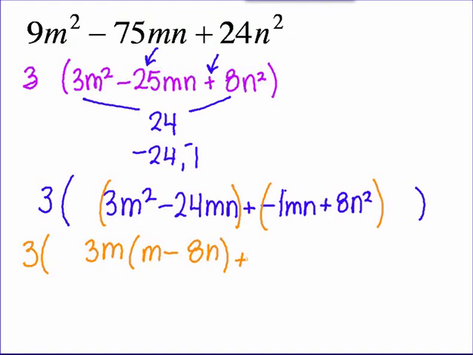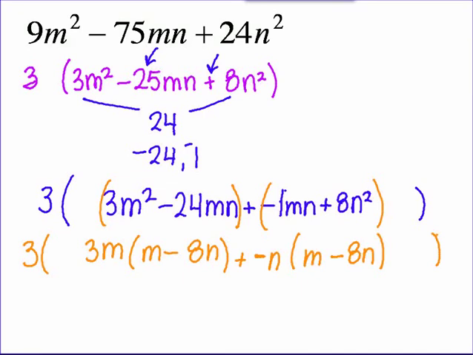Now, be careful. Look at what we want to match up to. We want to get a positive m. So what am I going to take out here? A negative n. If I take out that negative n, I have positive m. If I take a negative from a positive, that's going to give me minus 8n. Okay, and the parentheses are way up here.